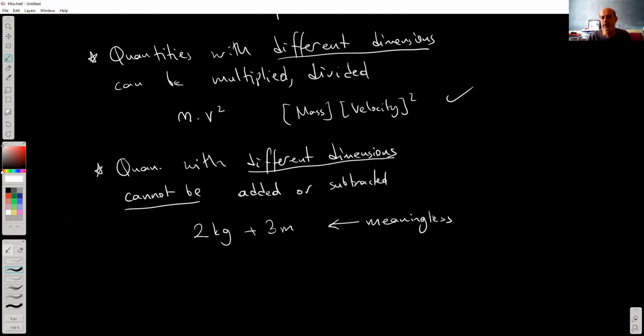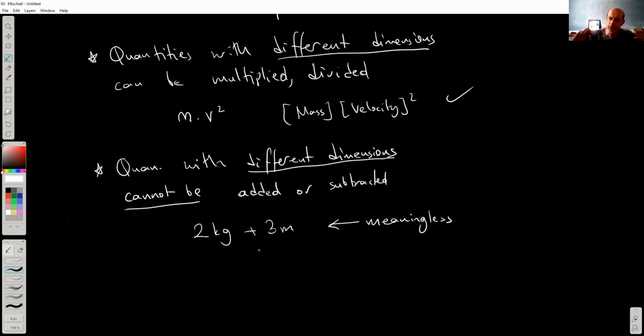In no part of physics can we meet this kind of expression. If you think of physical quantities as numbers, here we have an example of two numbers that I cannot add up because that operation has no meaning at all.